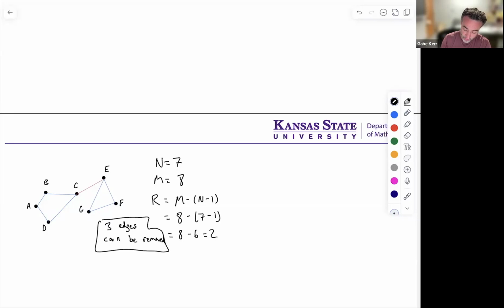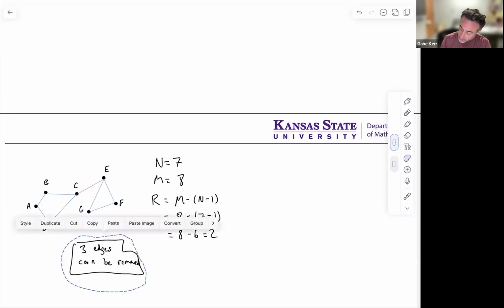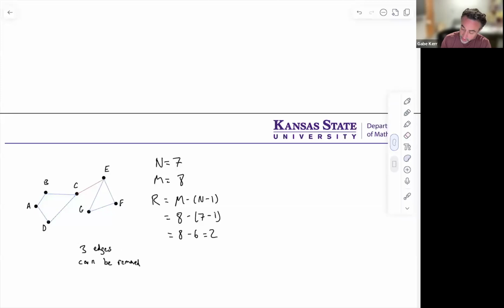So maybe I should write that instead of three edges can be removed. It's a little misleading. So let me change what I wrote here and just say any one of the three edges, and let's write them down, EF, EG, and FG can be removed.